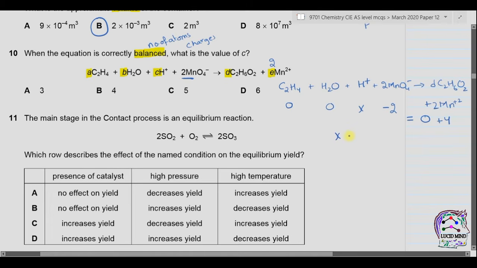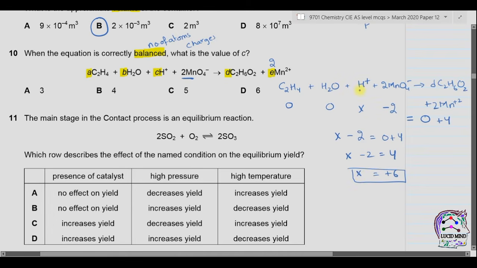So we have the equation x minus 2 is equal to 0 plus 4, or x minus 2 is equal to 4, or x is equal to plus 6. So this shows that the charge from hydrogen ions should be plus 6.